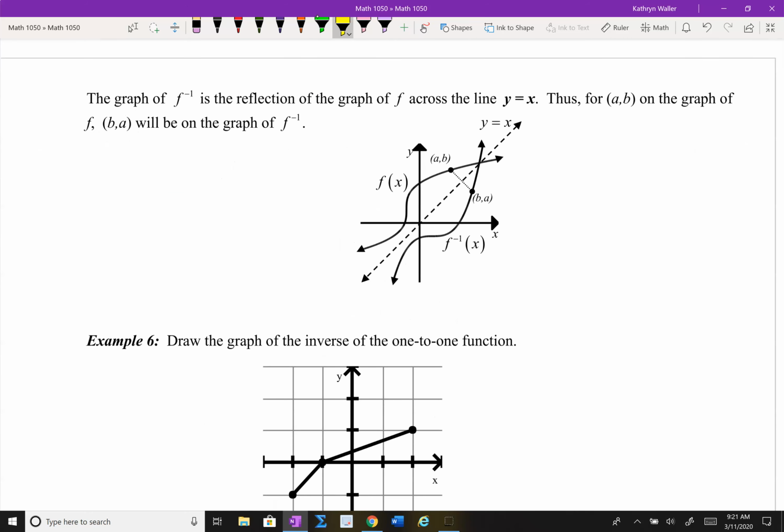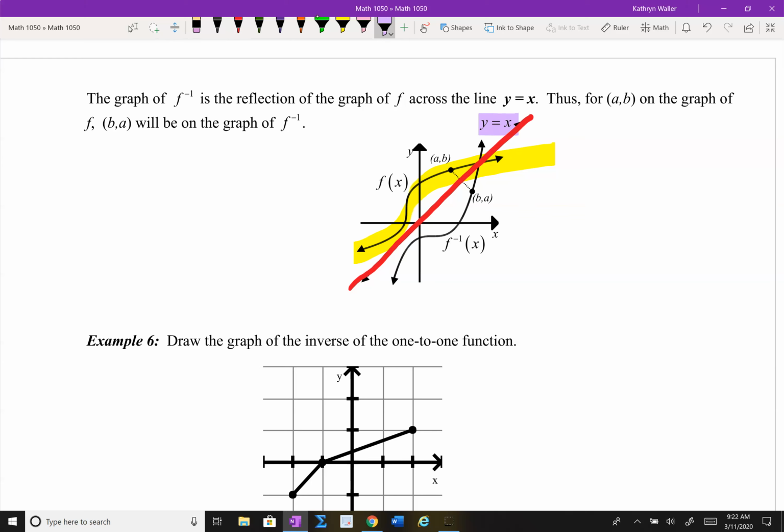Okay. The graph of an inverse. Everybody just kind of kick back and watch, okay? So this yellow graph is your original graph, which has been labeled f of x, okay? This line right here is the line of reflection. The equation for that line is y equals x.